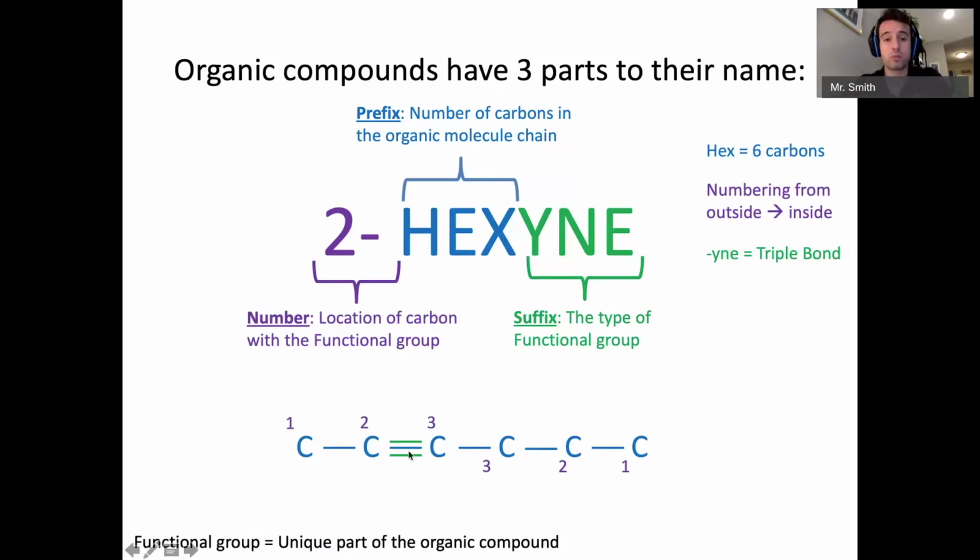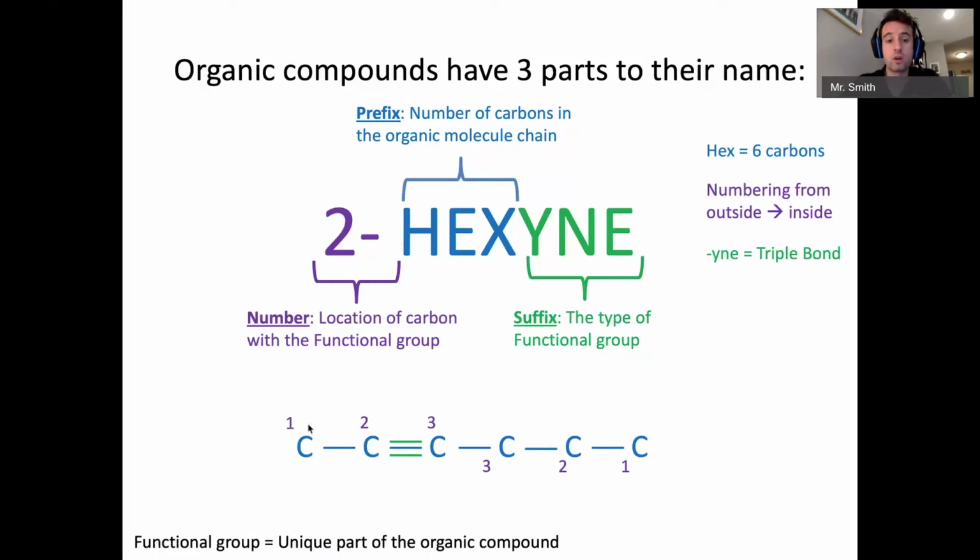Some of the other functional groups will actually just be on a physical carbon, like instead of an H coming off here, there might be an O or an OH or something like that. So that makes it a little bit easier. But for double bonds, it's whatever carbon the bond starts on. So in this case, right here.